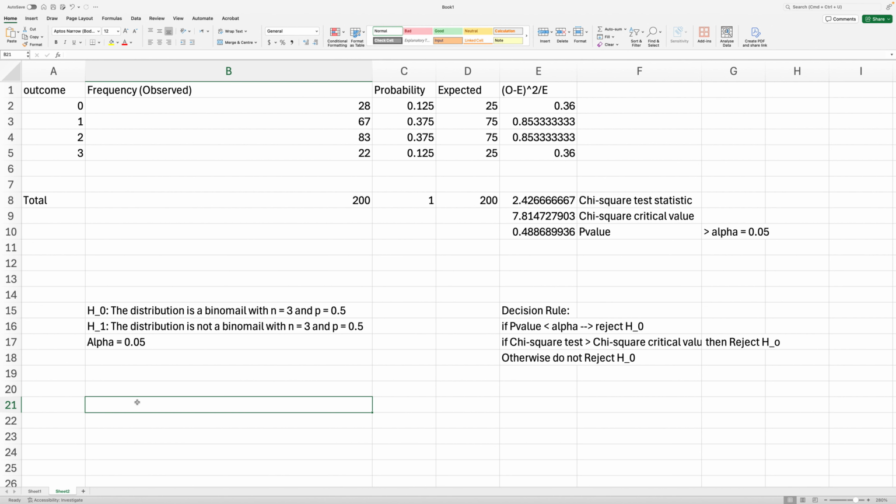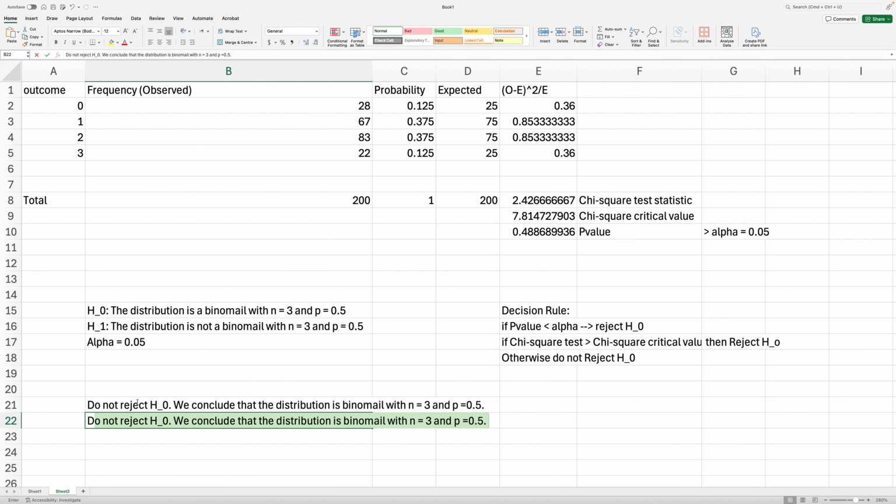So the conclusion: do not reject the null hypothesis. We conclude that the distribution is binomial with n equal 3 and p equal 0.5.